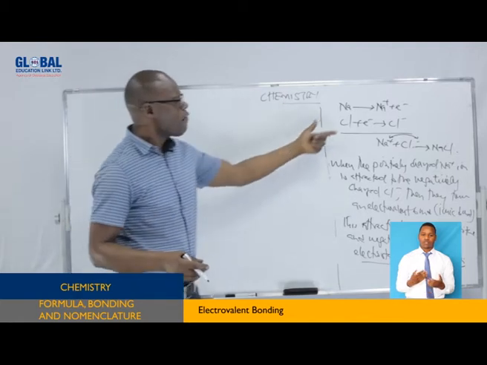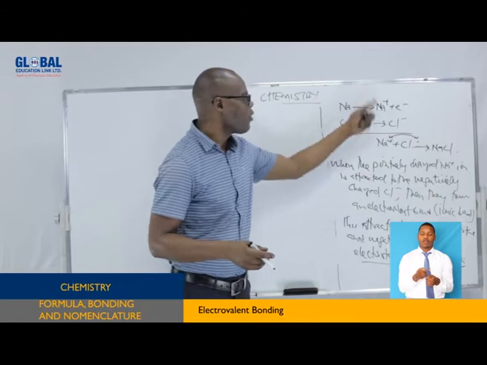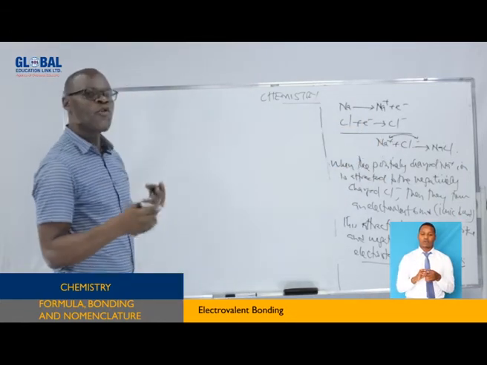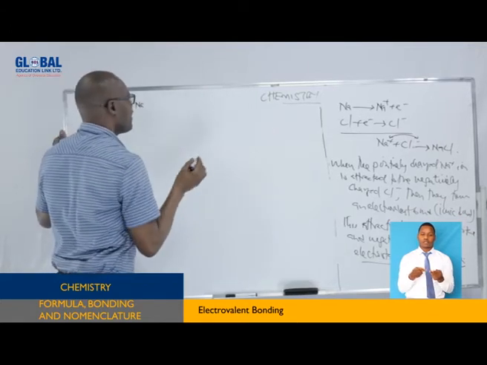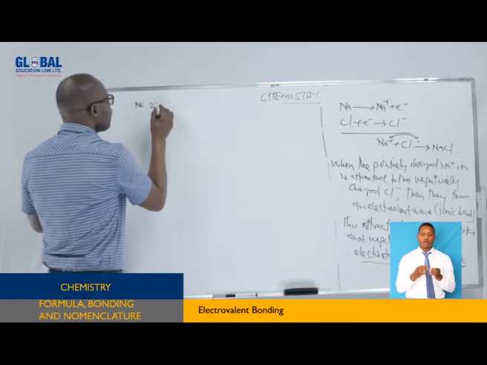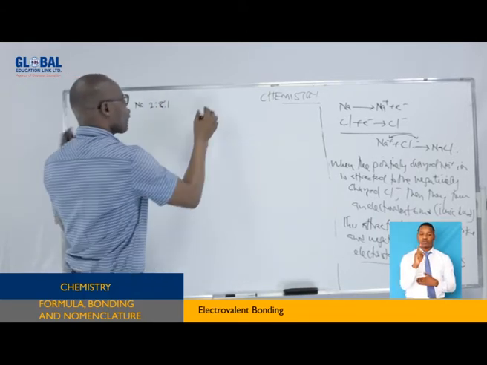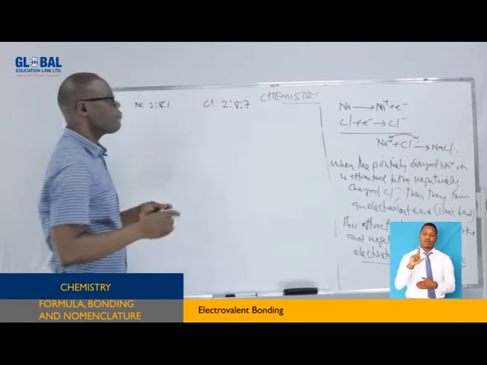Now, we have explained the formation of this ionic compound, sodium chloride, using the oxidation reduction redox process. But still, in general knowledge, we can have the same kind of reaction in this way. Sodium is 2 to 8 to 1, and also chlorine is 2 to 8 to 7.